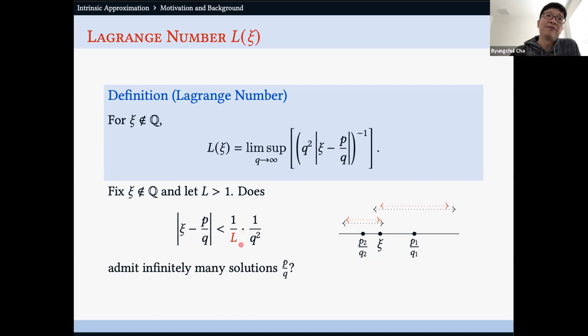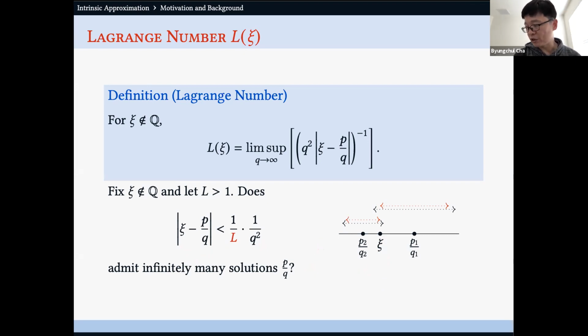Now we're going to let the capital L be 1 for now. I'll make a silly definition here. For each irrational number, we're going to say the irrational number is visible if it receives light from infinitely many nearby rational numbers. Of course, that would mean the absolute value of C minus P over Q is less than 1 over Q squared for infinitely many rationals.